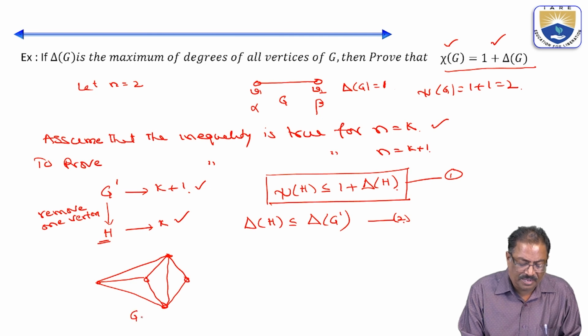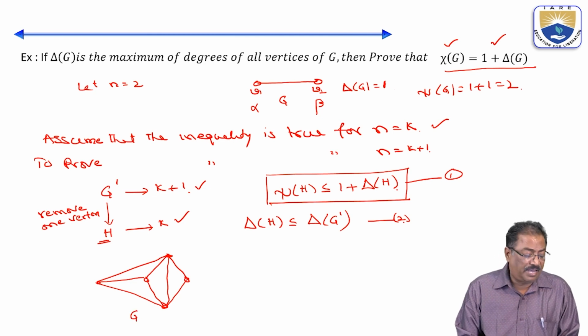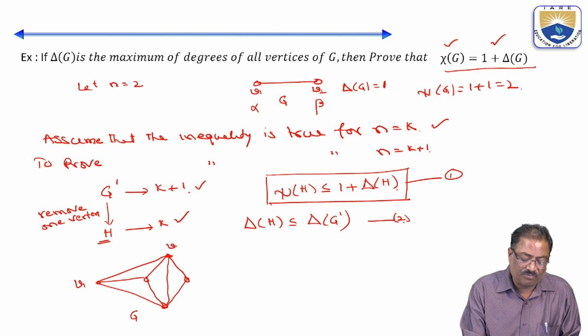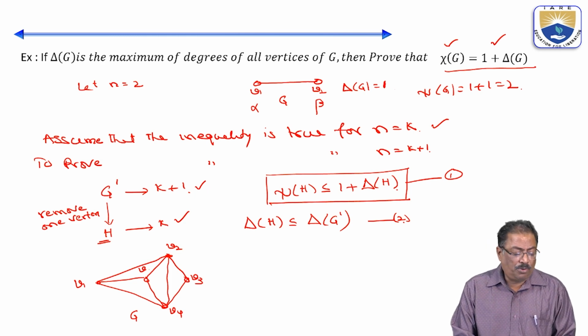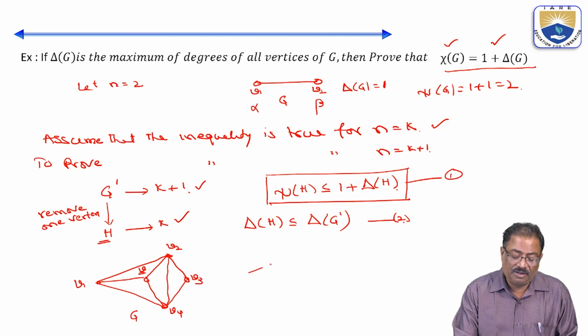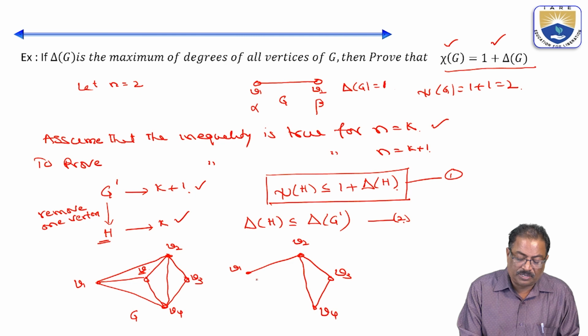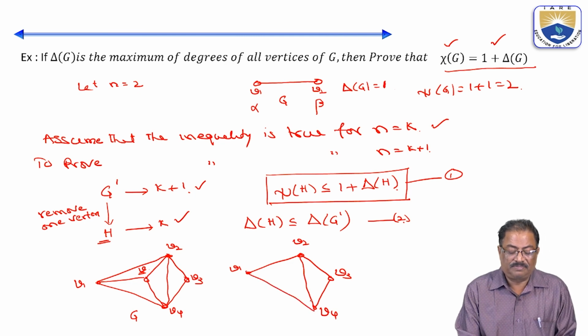Suppose this is the original graph G, and here there are vertices V1, V2, V3, V4 and V. I am going to remove vertex V from G. Then what do I have? I get a subgraph with V2, V3 and V4 connected.